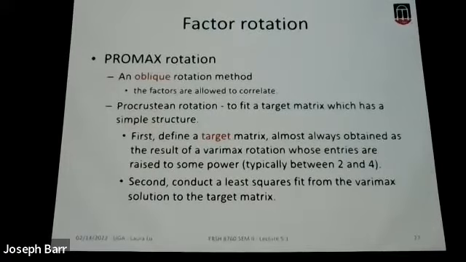They try to fit a target matrix which has a simple structure, and we have two steps. In the first step, we define the target matrix, almost always obtained as a result of varimax rotation, whose entries are raised to some power, for example 2, 3, or 4. Then we have a new target matrix.